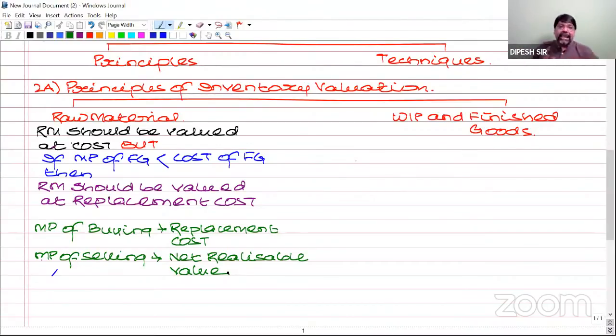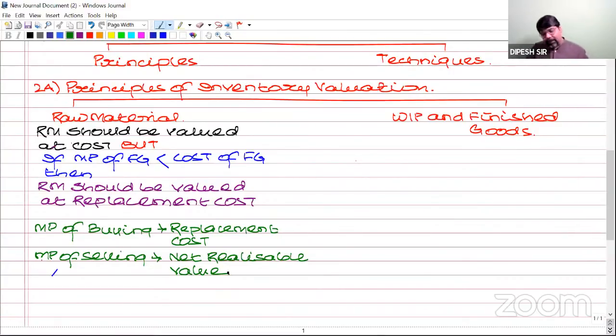Correct? Yes. That's why, if the price of finished goods decreases, then the raw material price has also gone down in the market. Am I clear? Yes or no? So, chartered, if the market price of finished goods falls below the cost of the finished goods, then raw material should be valued at replacement cost. Replacement cost means market price of buying. Market price of selling is known as NRV.